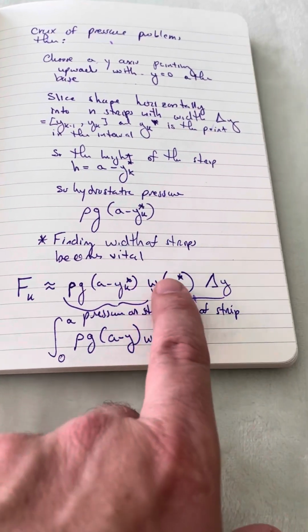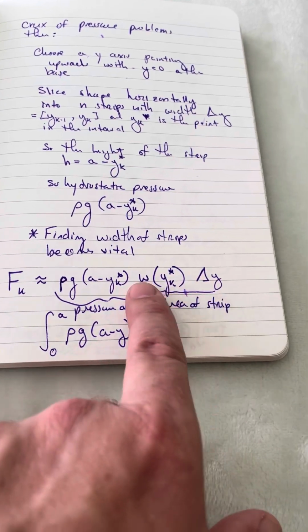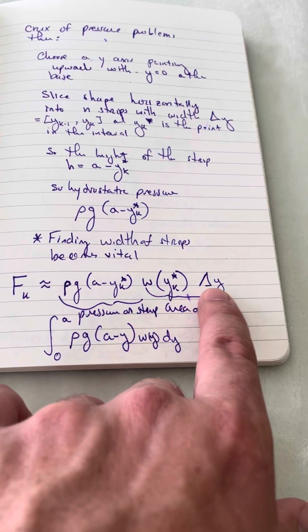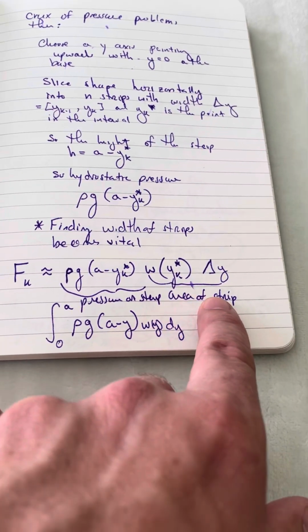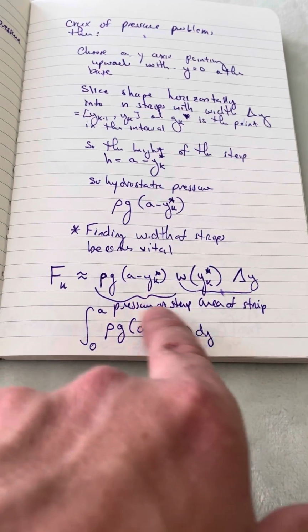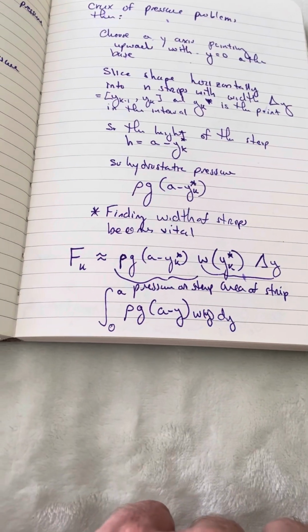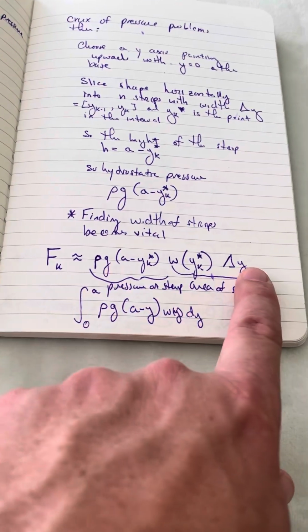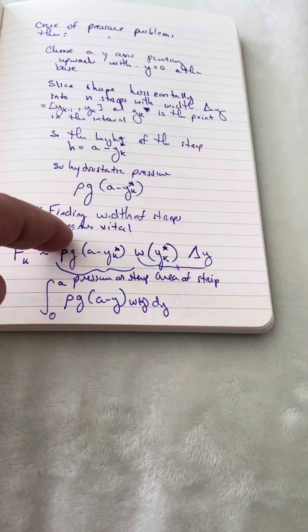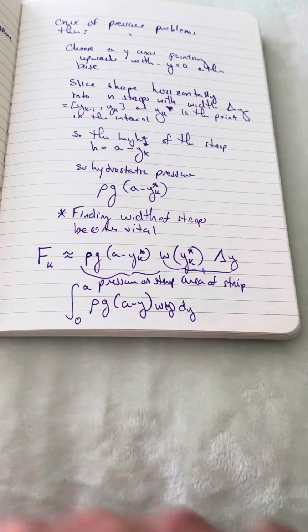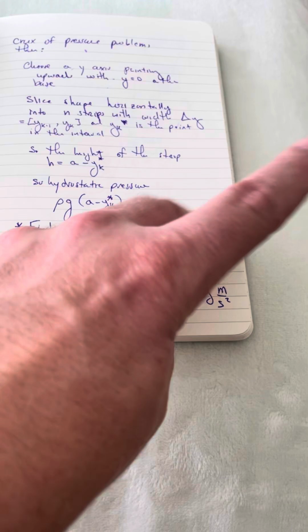Okay, and I'm circling here, but I really should be circling here, because you're going to get the width, and then you're going to multiply it by its height, and that's going to give you the area of the strip. And you're going to take the area of the strip and multiply that by the pressure on the strip. Okay, and so that is our, we take a summation, put it there, and we tack on our limit, then we get to say it's equal to this thing.